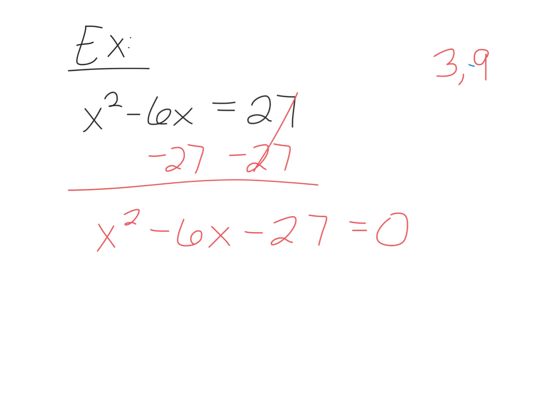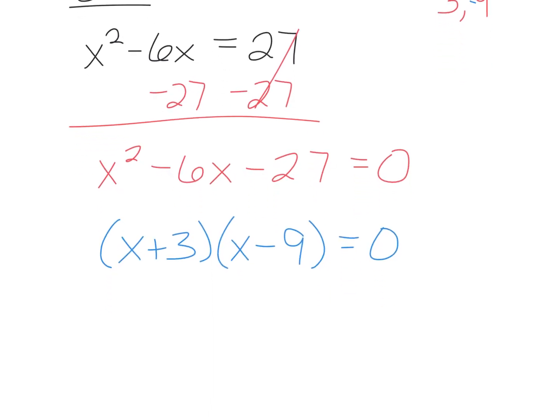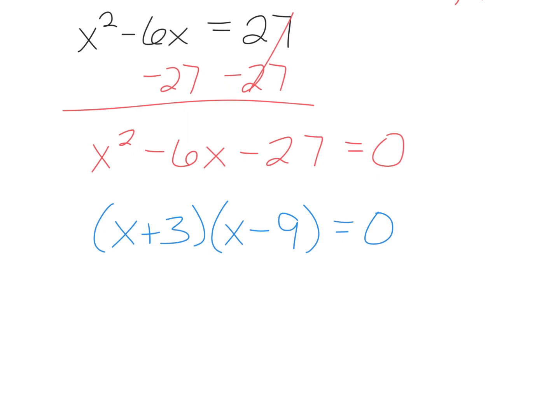And now once I have my 2 numbers, what do I do with those? How do I write them? x plus 3, x minus 9. What do I have to remember we still have? Equals 0. Now how do I solve this? x plus 3 equals 0.